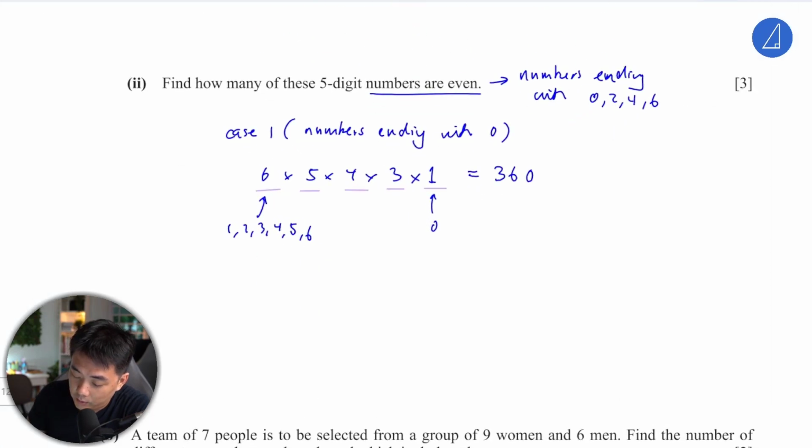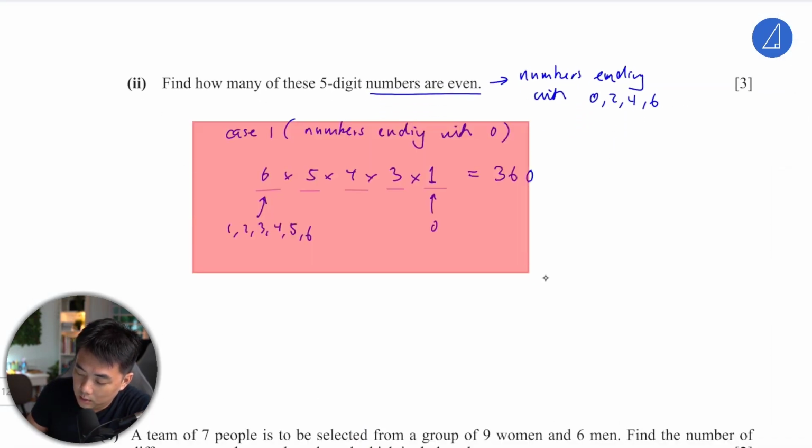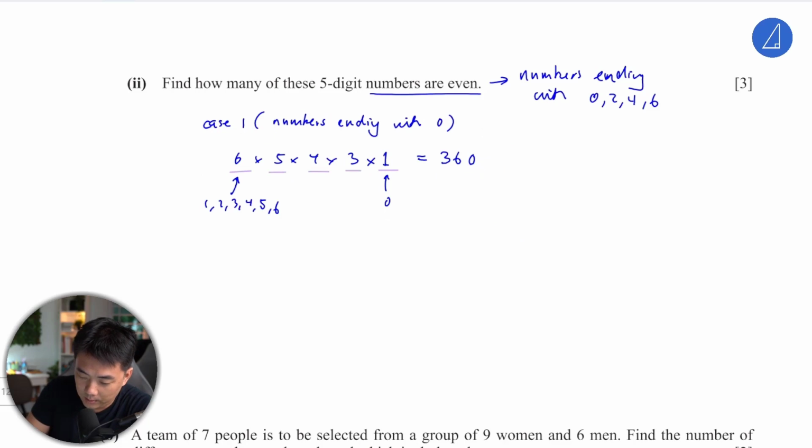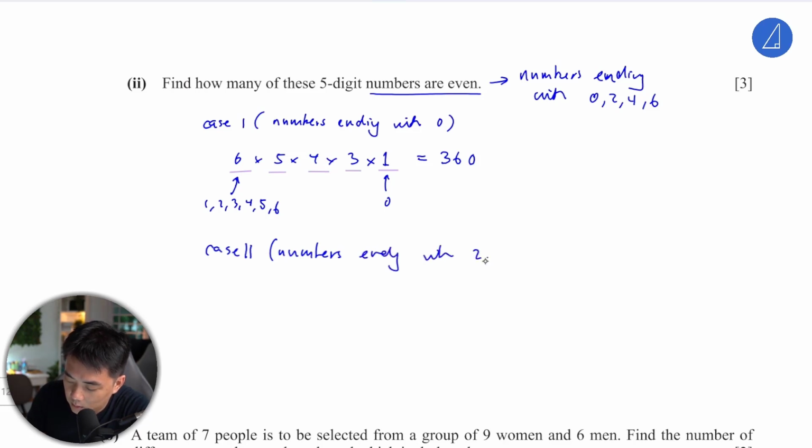Whereas for case 2, numbers ending with 2, 4, 6. This case here, I've got 3 choices behind here.